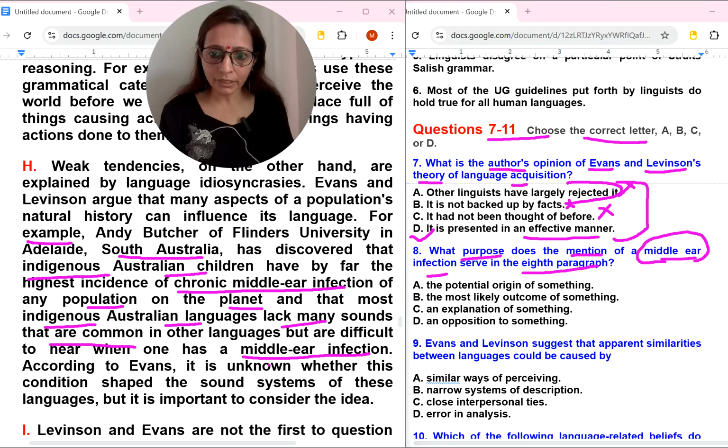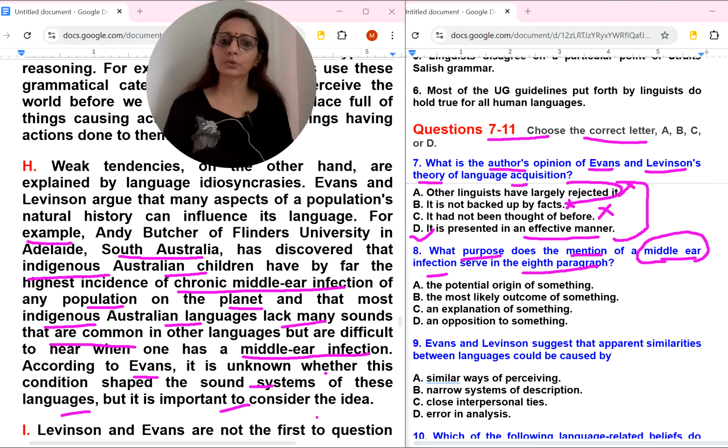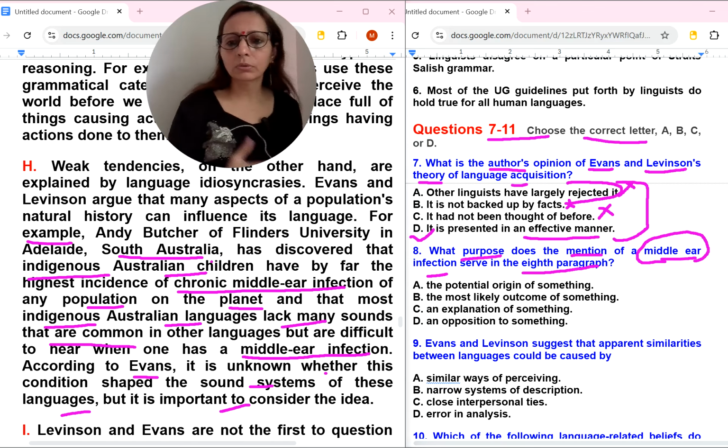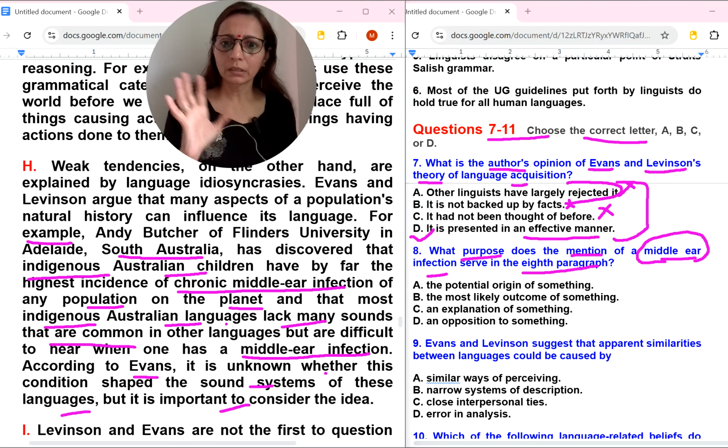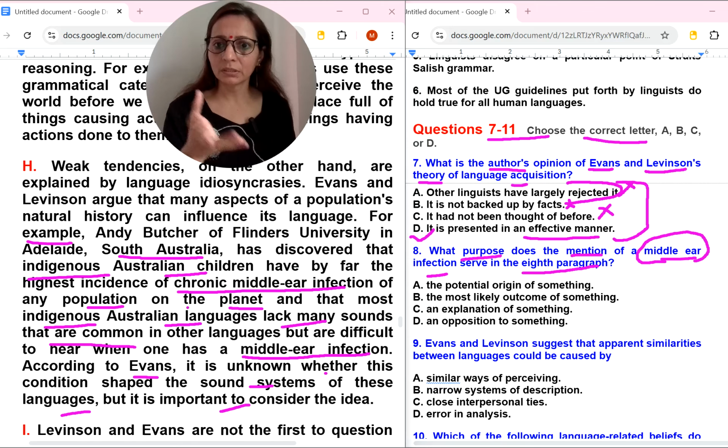Here one has a middle ear infection. According to Evans, it is unknown whether this condition shaped the sound system of these languages, but it is important to consider the idea. Only they are explaining what kind of things are happening with these children because of middle ear infection. So they are lacking some sound system here. Only this they have explained.